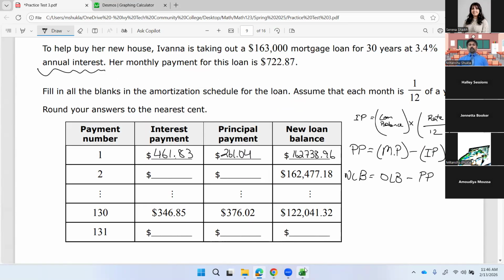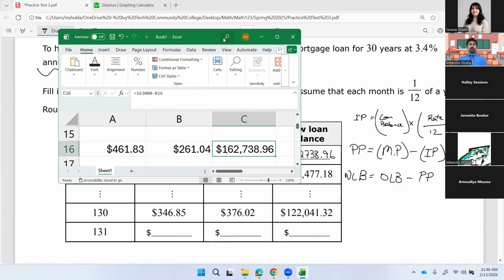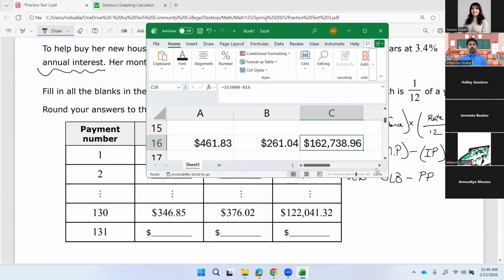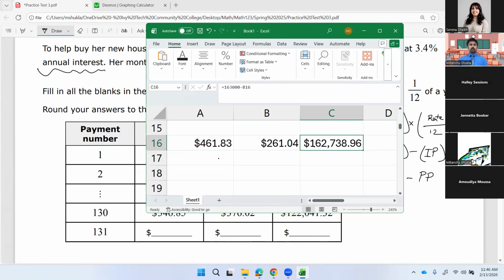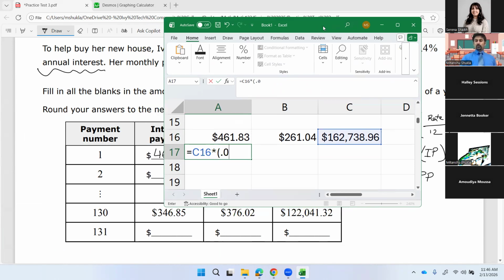I want to find the interest payment. So what is my interest payment? It is going to equal my previous loan balance multiplied by my rate, which is 3.4%, so 0.034 divided by 12, 461.09.